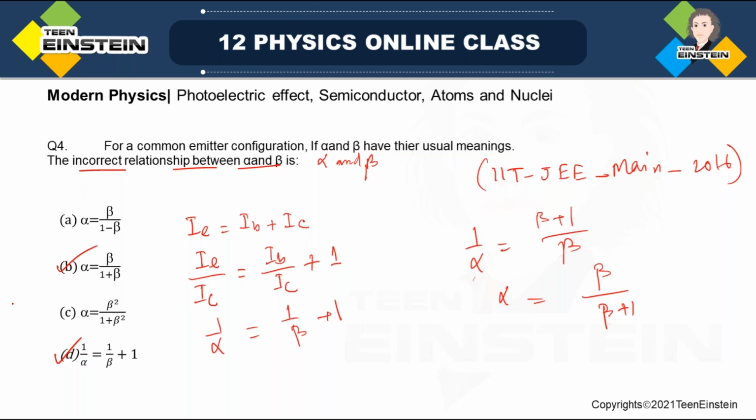We can see these two options are correct and the other two options are incorrect. Therefore this option is correct, and this option and this option are not correct. We have got the incorrect relationships.